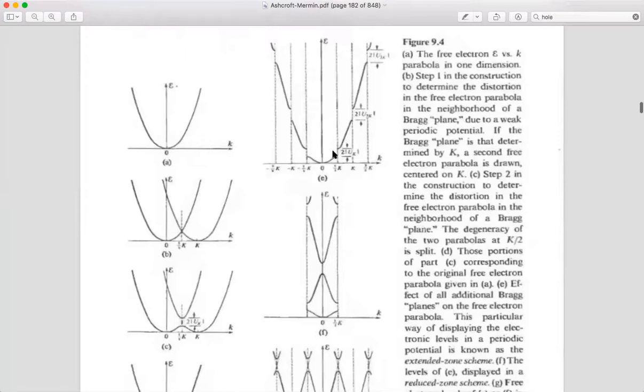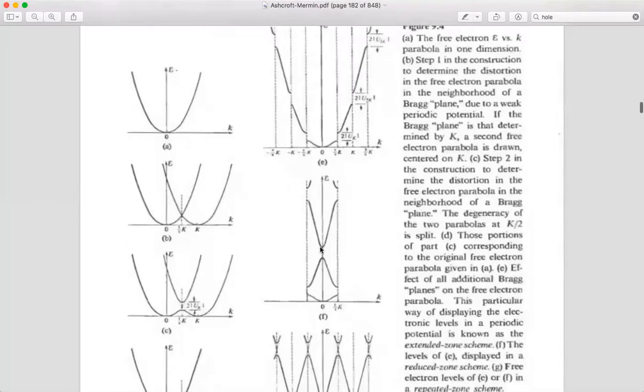So for example, let us look at this branch. If I translate it by minus G, this point would go there, this point would go there, and this entire branch would come here like this. If you follow my pointer, this is exactly this piece translated by minus G. Similarly, this branch is this one translated by G this way.